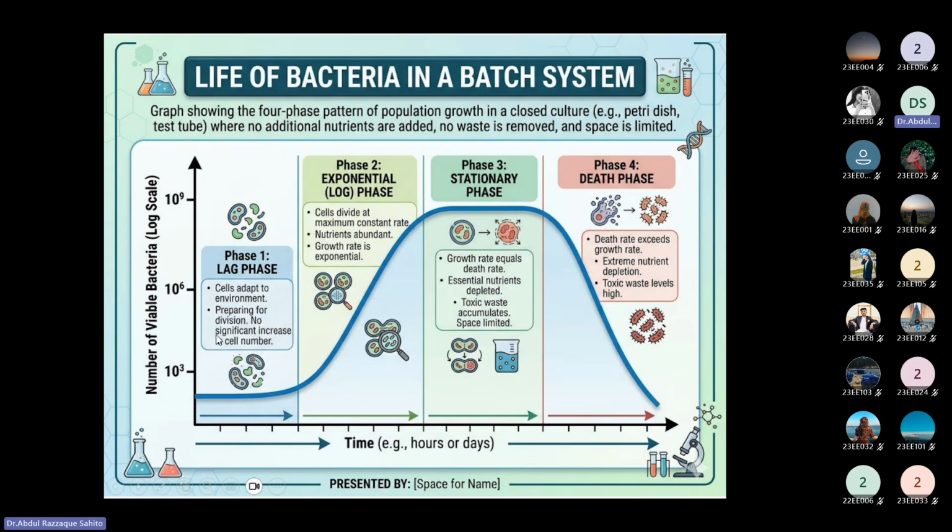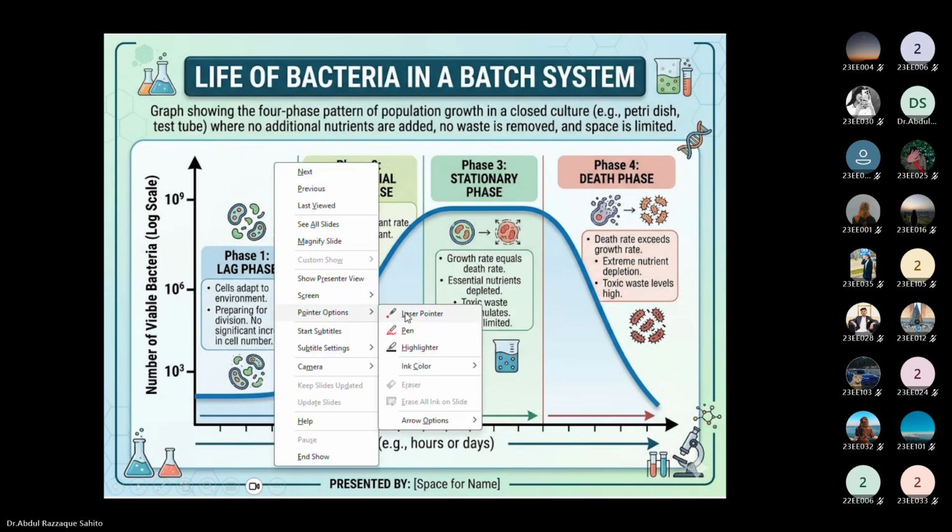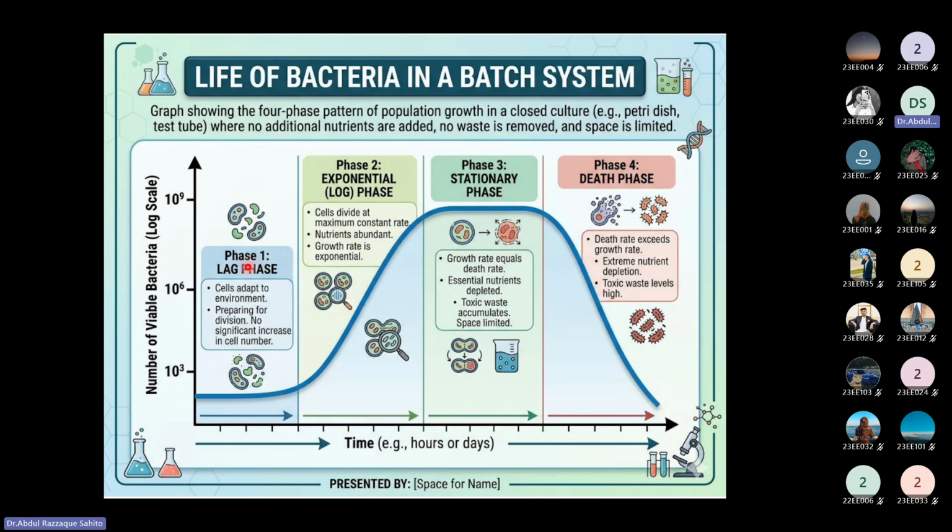Now here let me explain it first. What we see is that we have 4 phases. If the bacteria are enclosed in one container, then its life has 4 phases. Phase 1, phase 2, phase 3, phase 4.